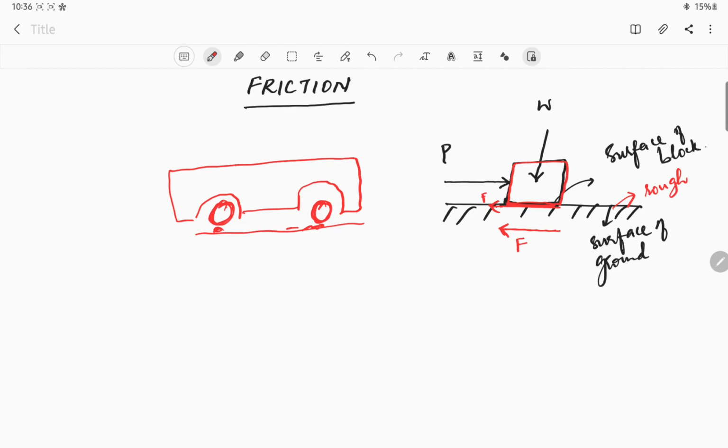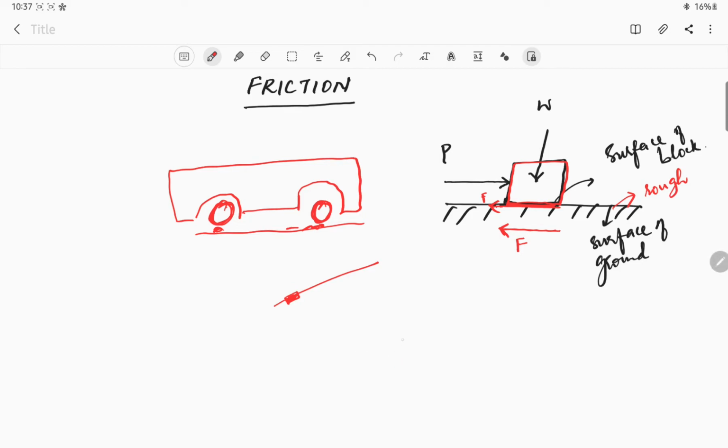Along with that, we hold a pen or pencil. A pen has a grip to create friction between the surface of our fingers and the surface of the pen. So friction is very, very important. Without friction there will not be anything which will stand clearly.